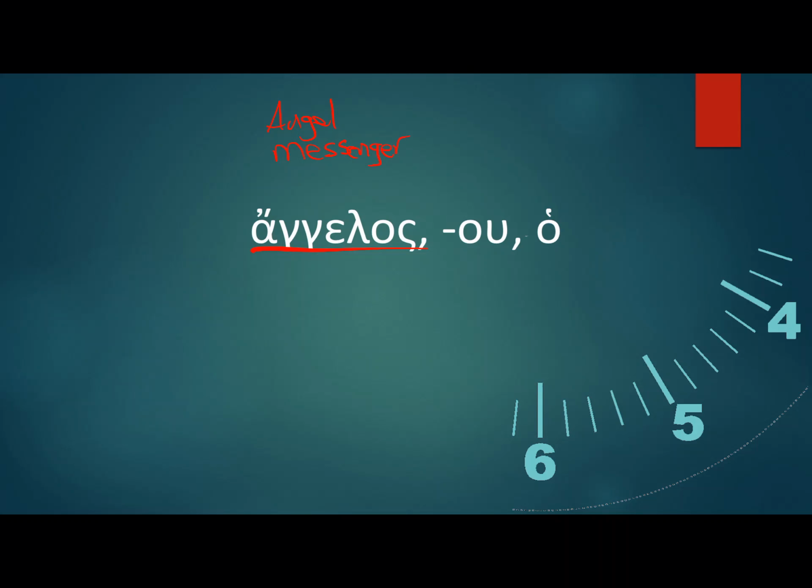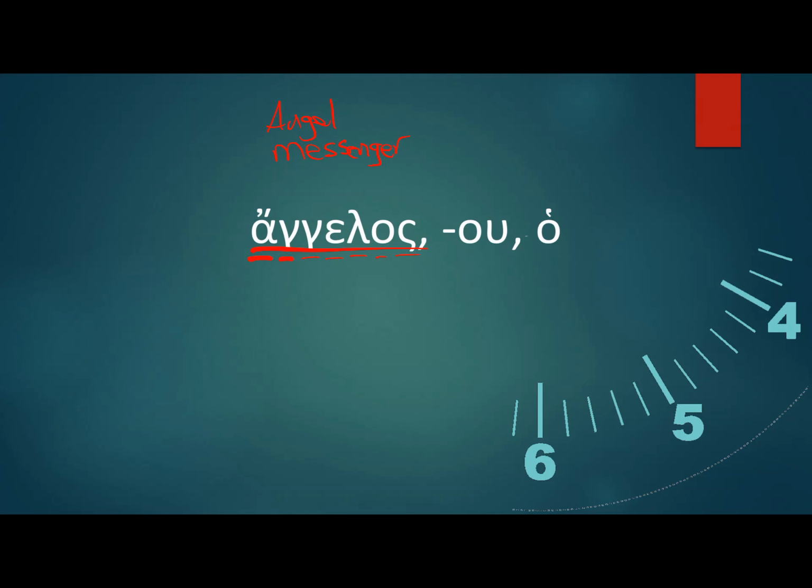So angelos, angelou, ha. Can you say the Greek letters that make up this word? You should know that this first letter is alpha, and then we have a gamma and another gamma, epsilon, lambda, omicron, and sigma.